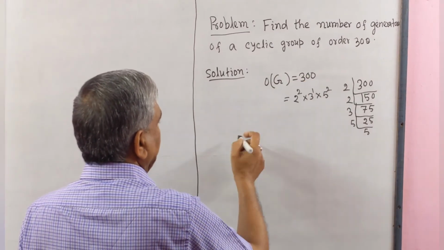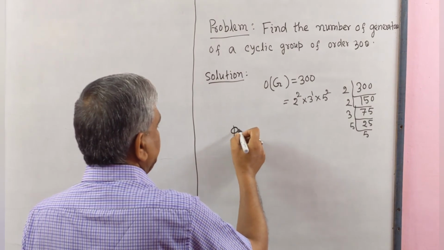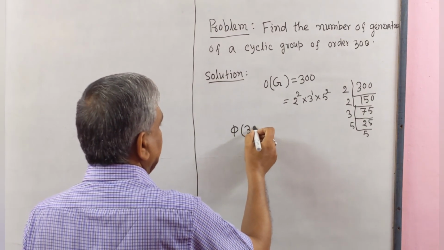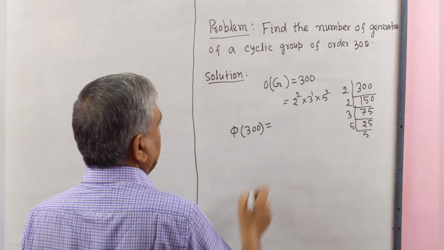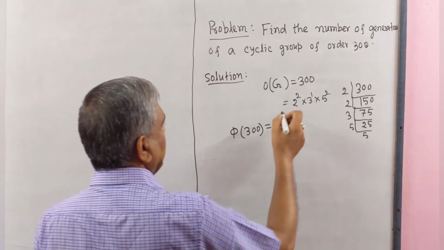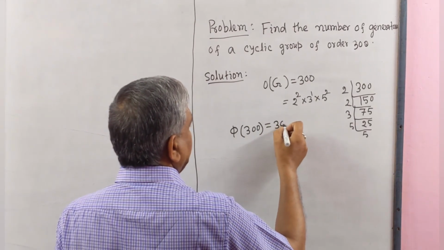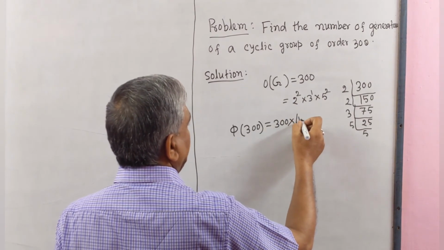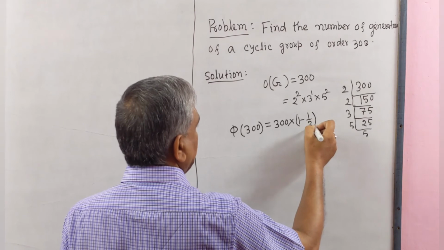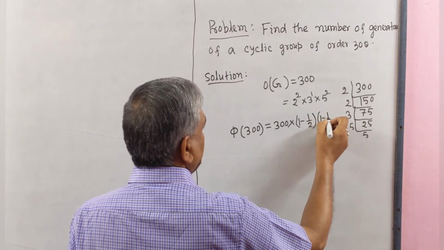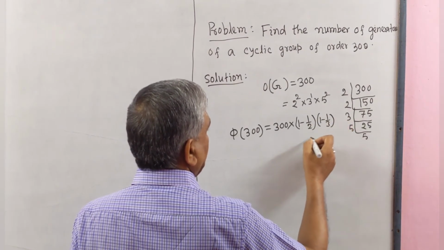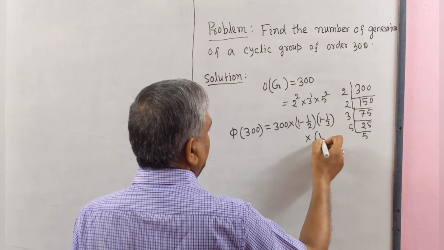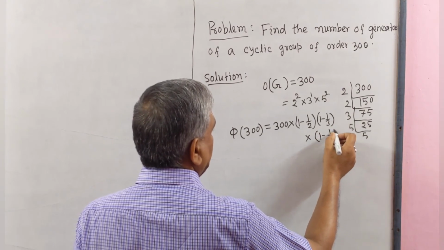will be Euler's phi function of 300. This means 300 multiply. Here we write (1 minus 1 by 2)(1 minus 1 by 3) multiply (1 minus 1 by 5).